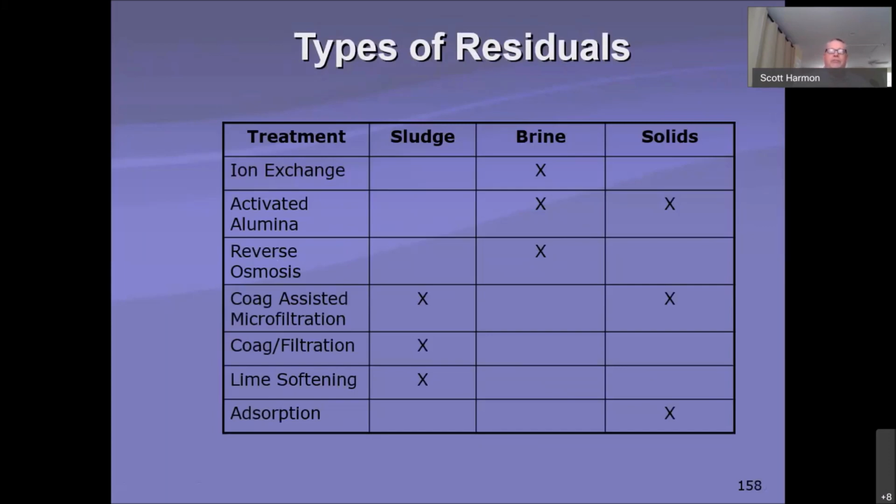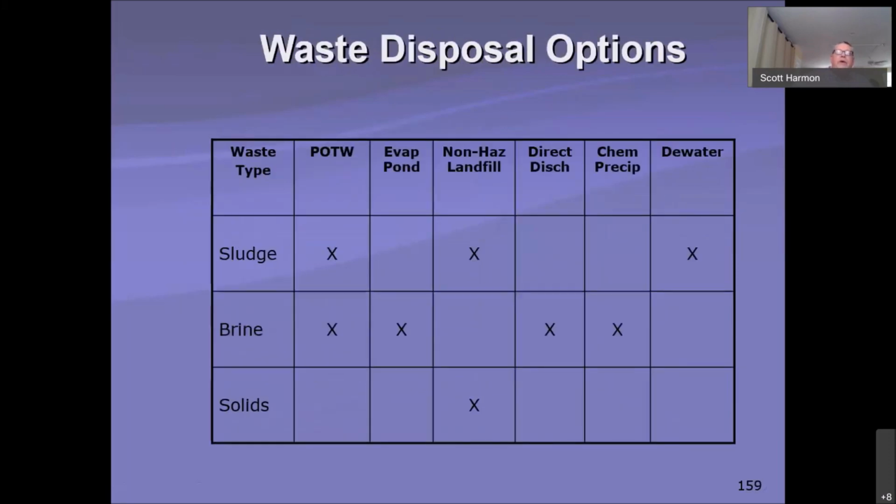The activated alumina has both. We go down for the coagulation-assisted microfiltration, and then the standard treatment options will have some sludges to deal with and perhaps some solids as well. So there's different types of residuals that we'll need to address.